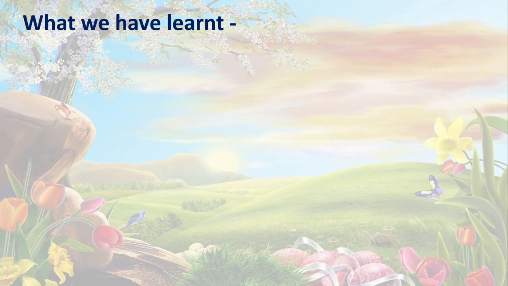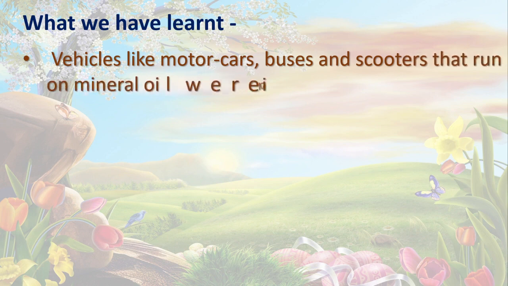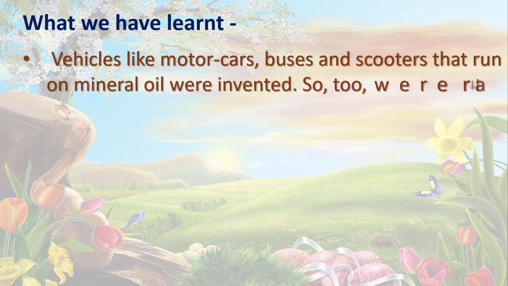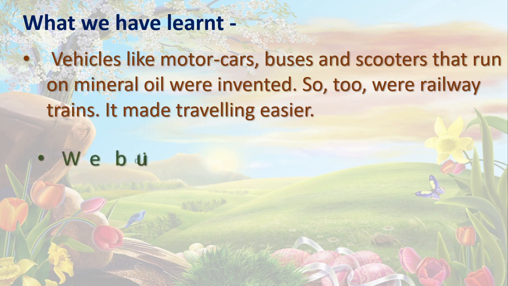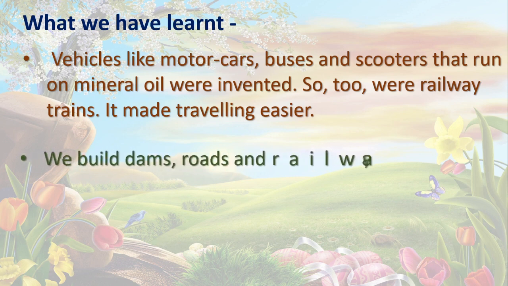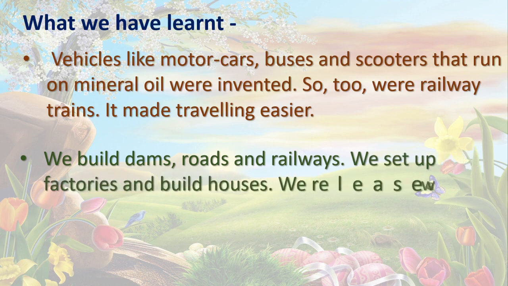Now, what we have learned today: vehicles like motor cars, buses and scooters that run on mineral oil were invented. So were railway trains. It made traveling easier. We build dams, roads and railways.